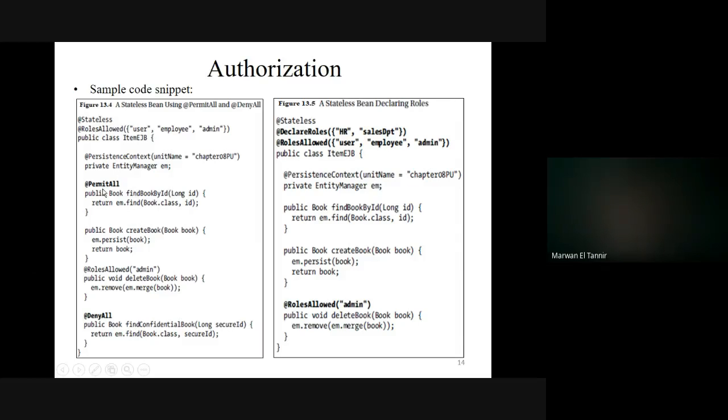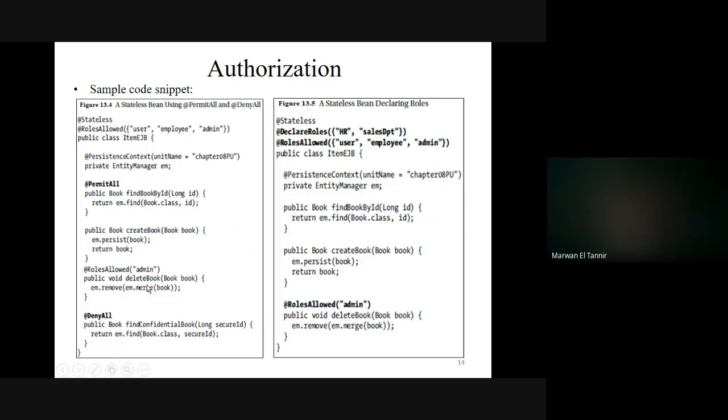But inside, we have this method, find book by ID. This method could be used by all roles, so we annotate with permit all. While, for example, for deleting a book, this cannot be done by a user or an employee.